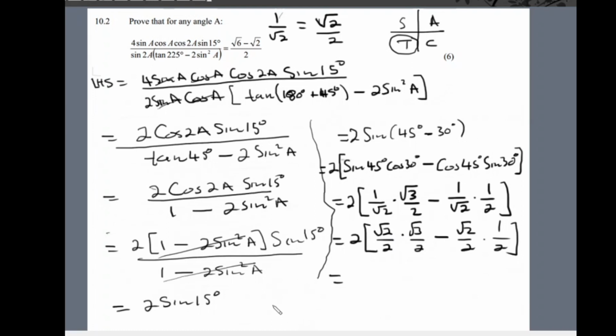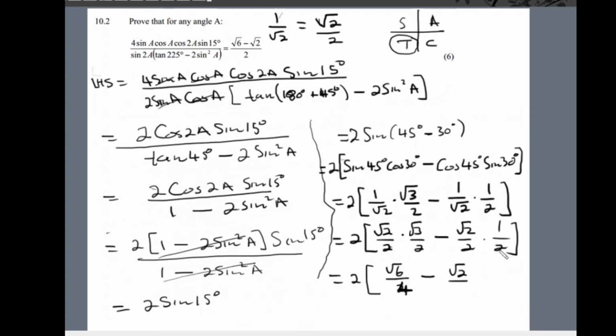Okay, so if you have the square root of a times the square root of b, that is the same as saying the square root of a times b, right? Same thing applies to this question of ours. So in the numerator we will have 2 times 3, which is 6, the square root of 6 divided by 2, minus the square root of 2 divided by, oh sorry, then we will have 2 times 2, which is 4.